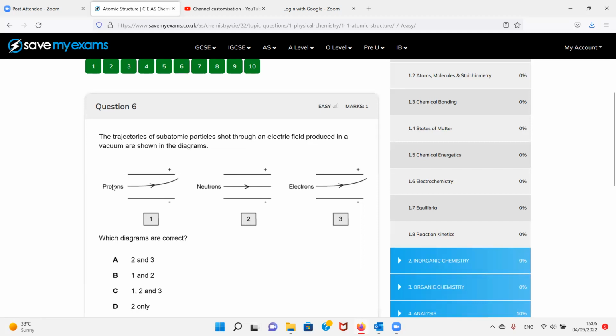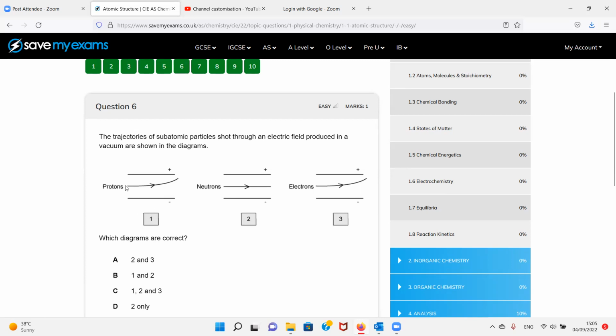If it is a proton, positively charged, it will be deflected towards the negative plate of the electric field. And if it is negative, it will do the opposite. And if they were neutrons, the neutrons will just pass through without deflection.